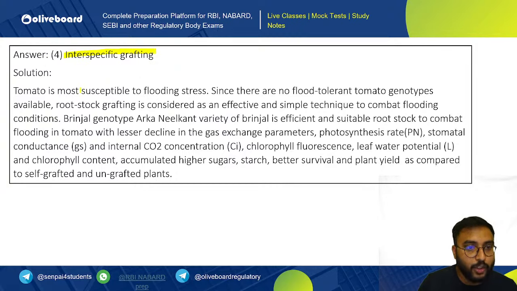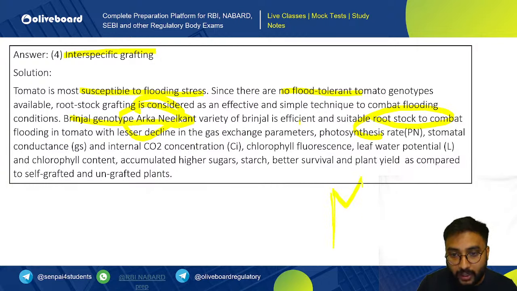Okay, tomato is most susceptible to flooding stress since there are no flood tolerant tomato genotypes. That is why a brinjal genotype called Areca Neelkant, which is efficient and suitable, is used as rootstock. Rootstock is when you are doing grafting, the lower portion which forms the base is called stock, and the upper portion which grows as a stem or a branch is called scion.